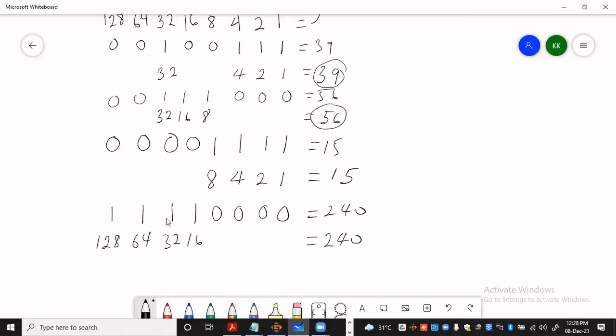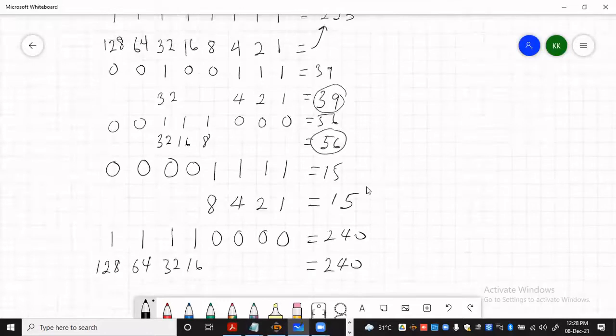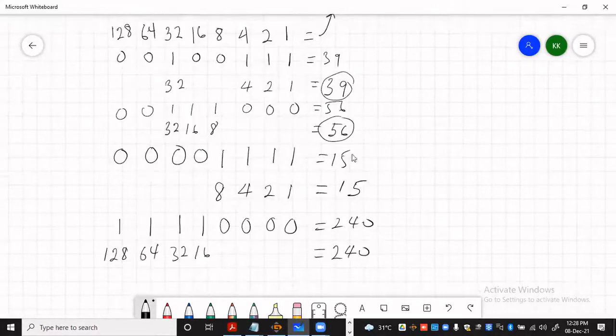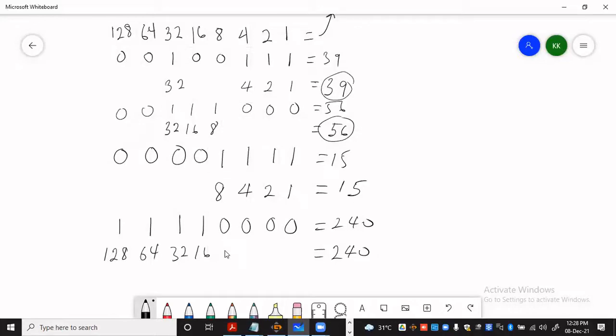Since the total decimal value that you can get when all the bits are switched on is 255, and you know that the first 4 gives you 15, then you can easily take 255 minus 15, which will give you 240.